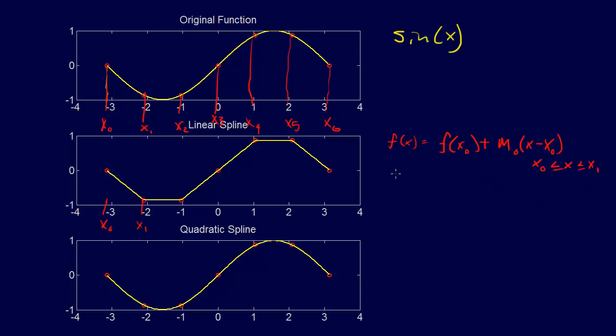Then we do the same thing on the next interval: f of x equals f of x1 plus m1 times x minus x1, between x1 and x2.